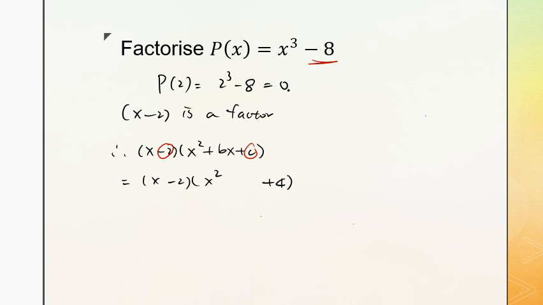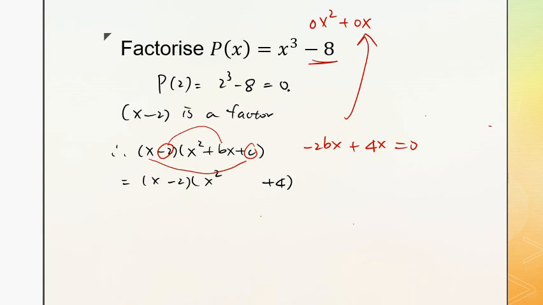Again, the value for b, you can find easily because here we have 0 x squared term and 0 x term. So you can use either one, doesn't really matter. Negative 2 times bx will give you negative 2bx, and x times c, which is cx, and we know that is equal to 4x, and the sum of this will be equal to 0 because we're going to equate the coefficients.